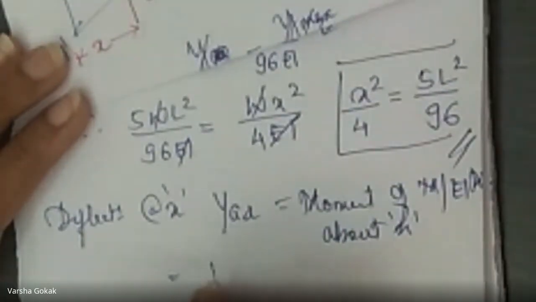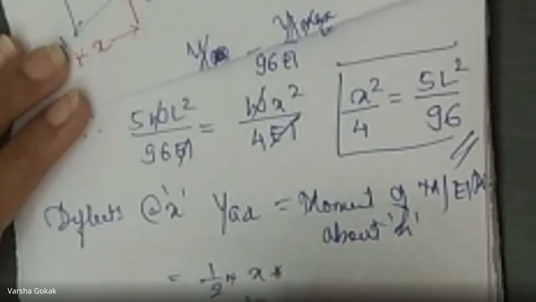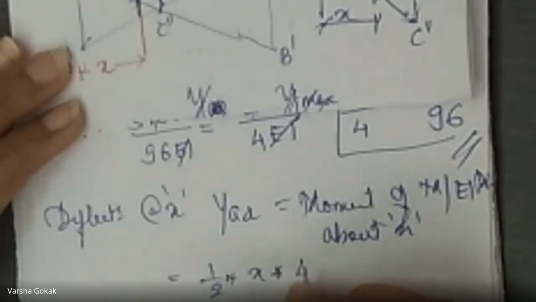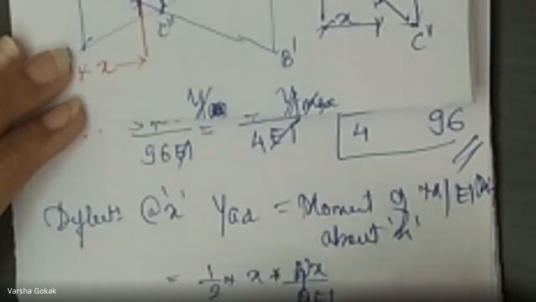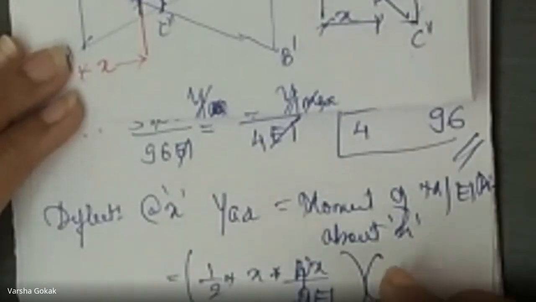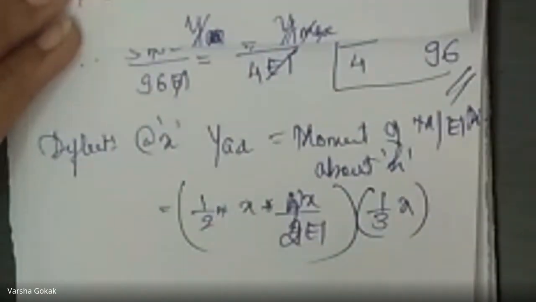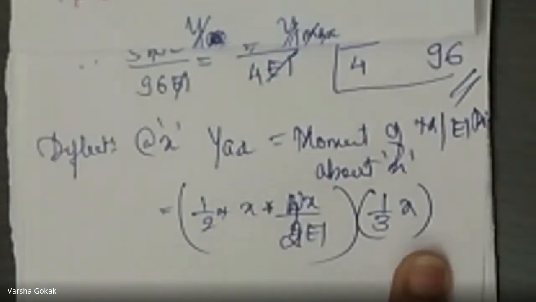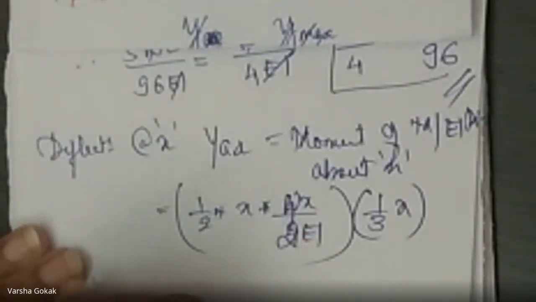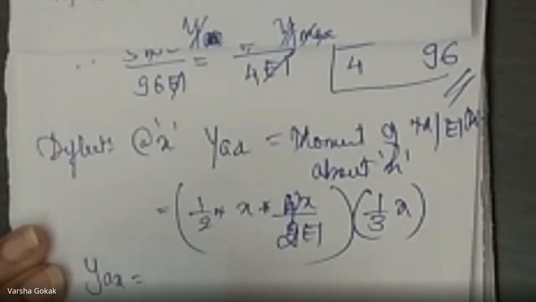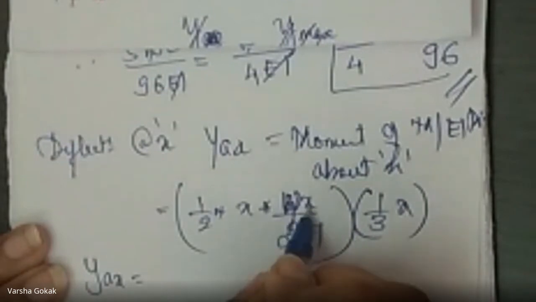So moment means half, base, height is Wx by 2EI, into Cg. Cg is given by 1/3 of x, right? So this is your formula for area into the Cg, 1/3 of x. Let us open these brackets. So Yx is going to be equal to what is left. This is Wx cube.